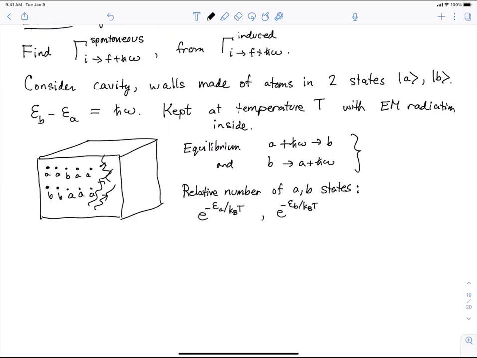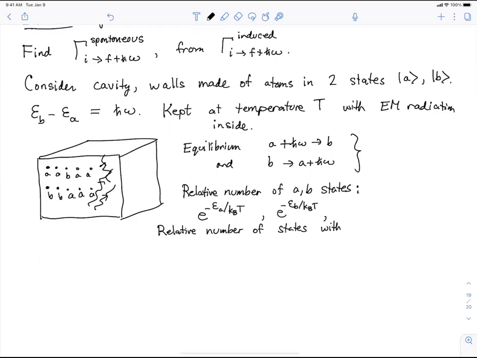But not only that, there's the net relative number of states with n photons. And so we're going to be using all three of these factors.